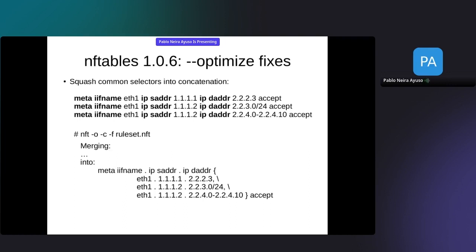When the number of rules that are coalesced is considerably large, it's probably convenient to make another transformation and move this to an explicit set. This is not currently supported by the optimize option, but it's something that can be explored, can be enhanced later on. So currently, all the optimizations are based on the implicit sets.